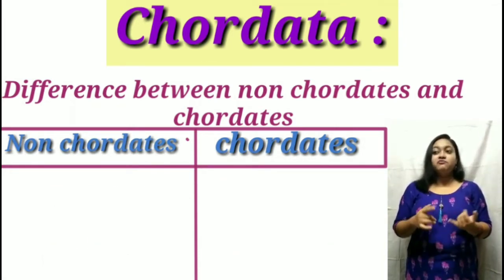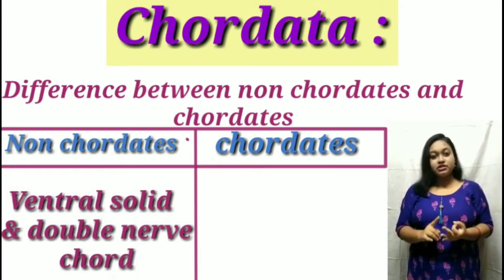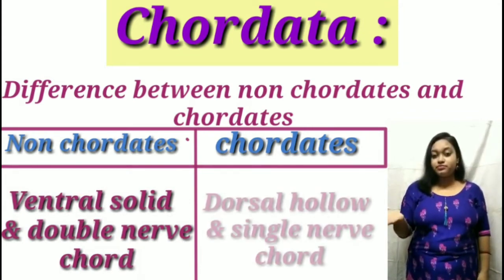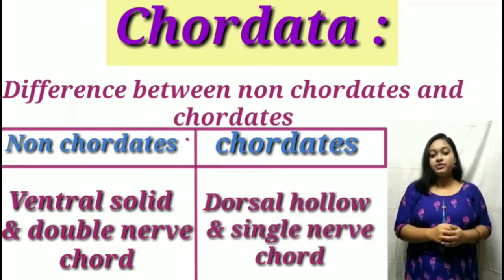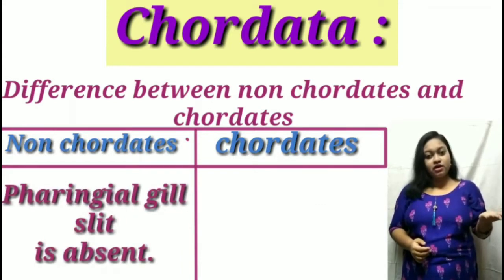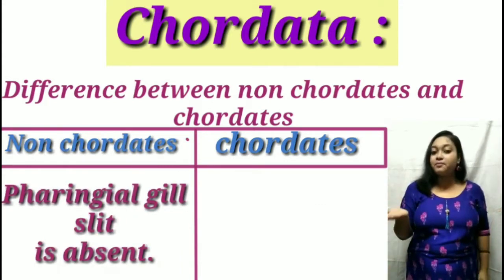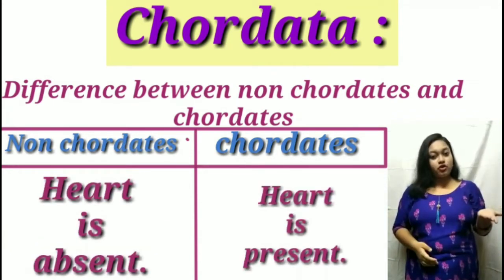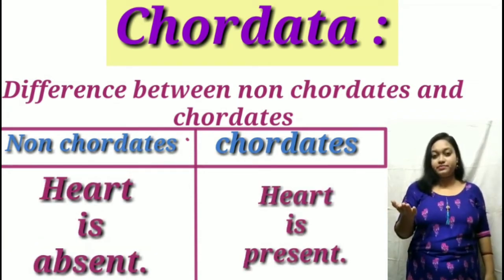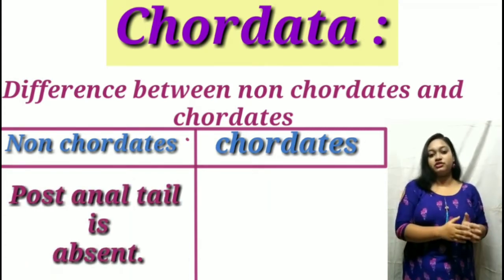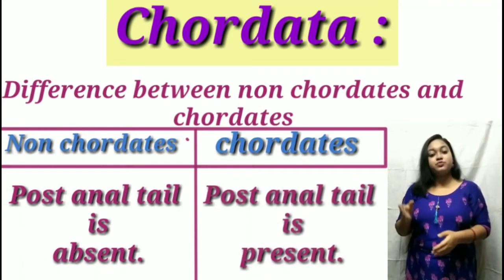Then the ventral, solid, double nerve cord in non-chordates, and the dorsal, hollow, single nerve cord in chordates. Pharyngeal gill slits are absent in non-chordates and present in chordates. The heart is absent in non-chordates and present in chordates. The post-anal tail is absent in non-chordates and present in chordates.